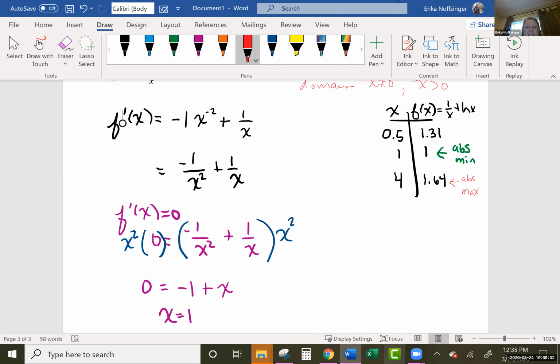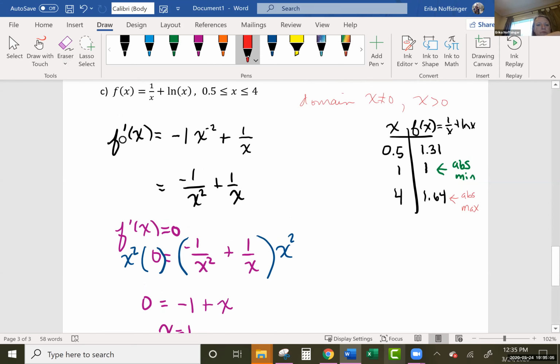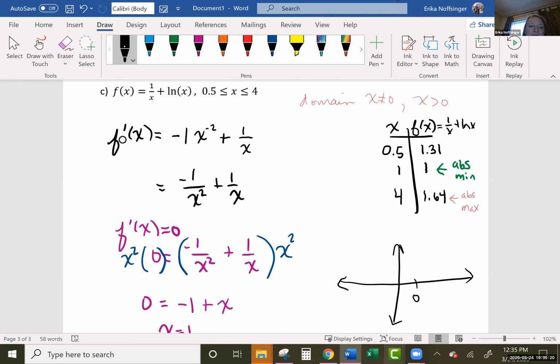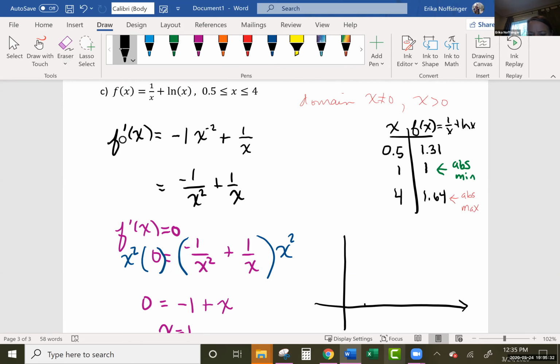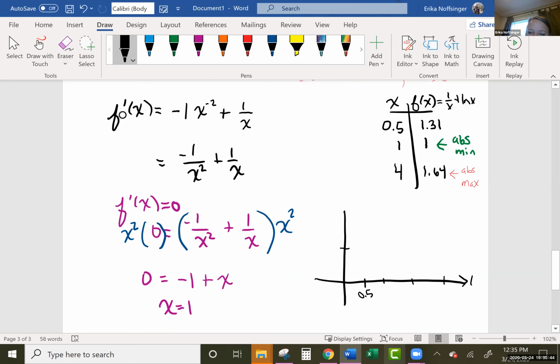And then we wanted to look at the graph of that. So we'll say that's 0.5, and at 0.5 we had about 1.31.